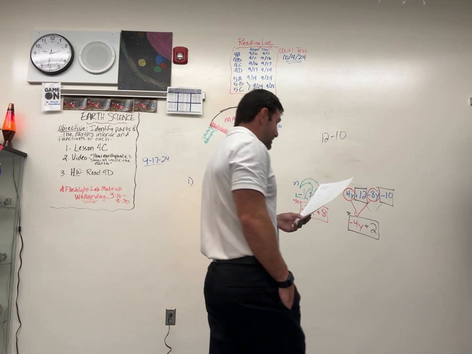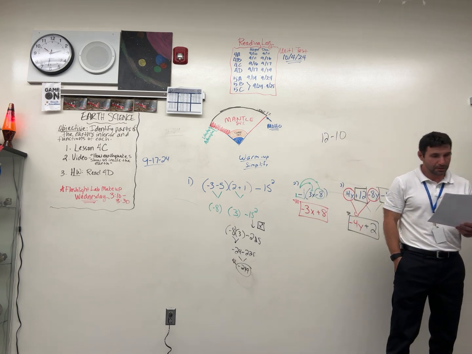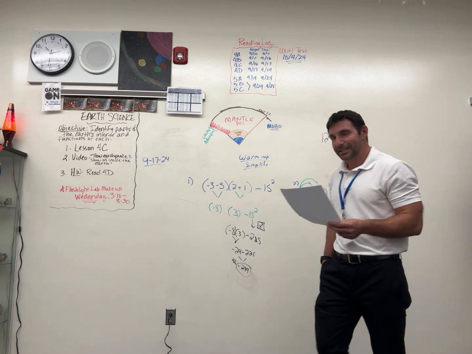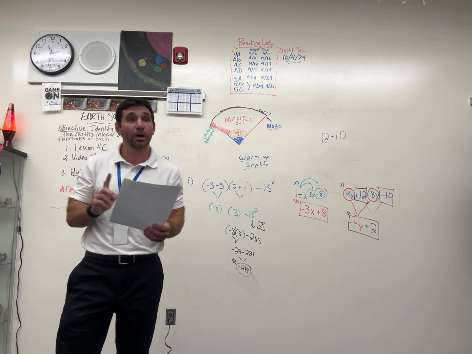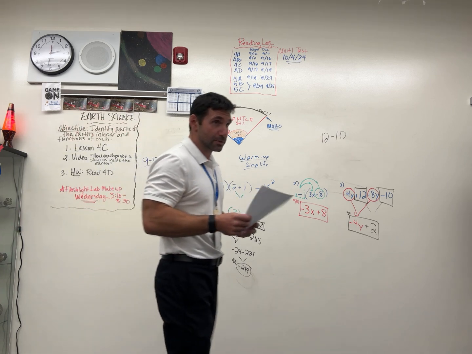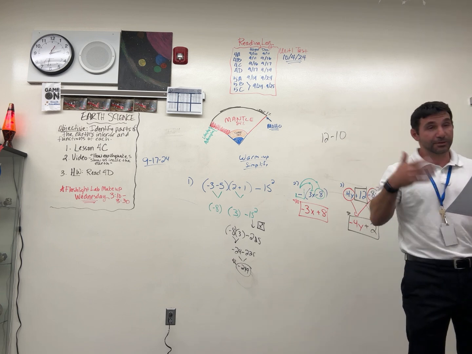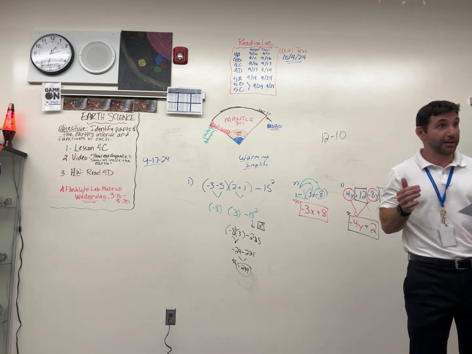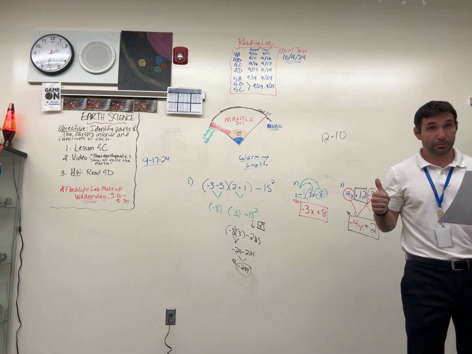Number 3 is 10N minus 13. Number 4 is negative 14x. What questions do we have on 1 through 4? What was number 3? 10n minus 13. What if you had negative 13 plus 10n? That'd be fine too. It's the same thing. Doesn't matter the order.